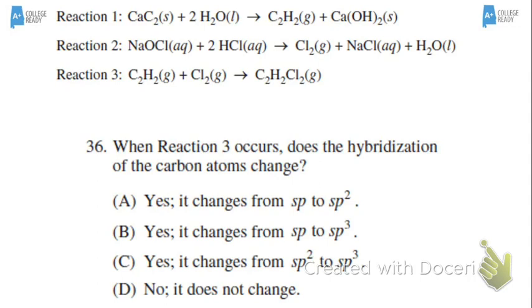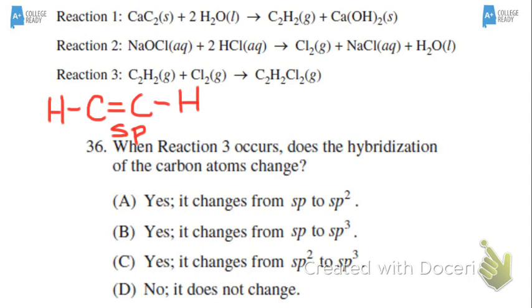So we have carbon, hydrogen, hydrogen. You guys got to be able to draw these molecules out. So we have 2 areas of electron density. So these carbons are both considered to be sp.